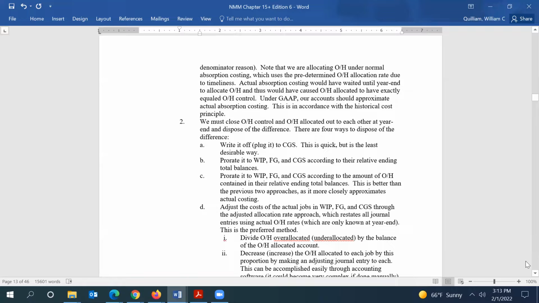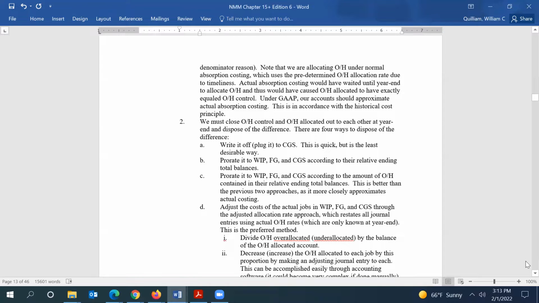Well, we can note that we're allocating overhead under normal absorption costing, which means we use the predetermined overhead allocation rate due to timeliness. Actual absorption costing would have waited until year end to allocate overhead and would have caused overhead allocated to have exactly equaled overhead control.